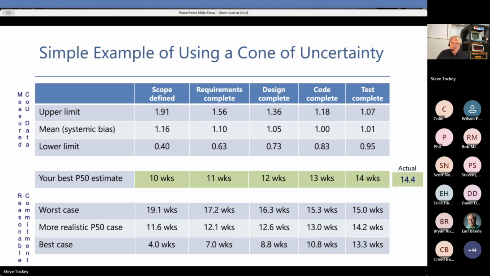Okay. The other pattern that I want you to pay attention to is that in all cases, at every point in this project, the estimates were getting, if you will, worse and worse. The project was apparently becoming longer and longer, but my worst case commitment out to the consumers was getting better and better. 19 weeks to 17 weeks to 16 weeks to 15 weeks to 15.3 to 15.0.